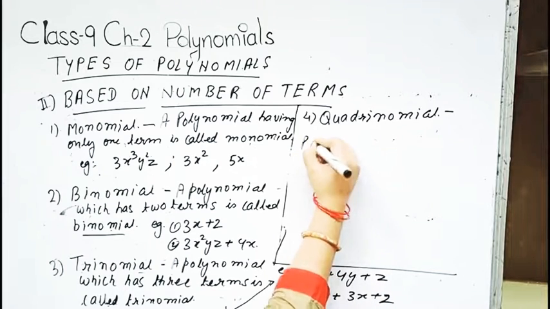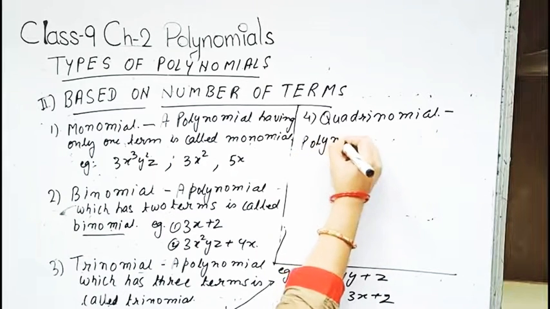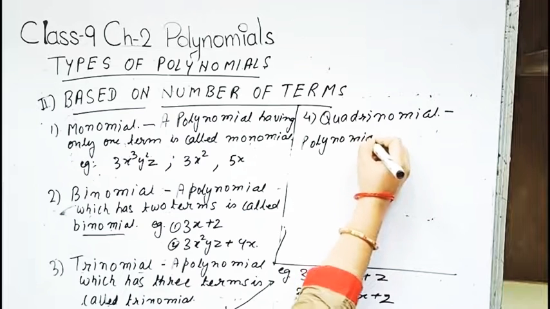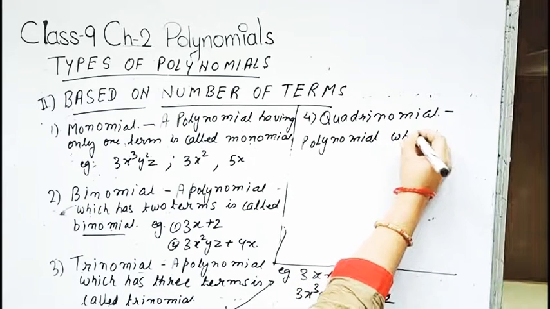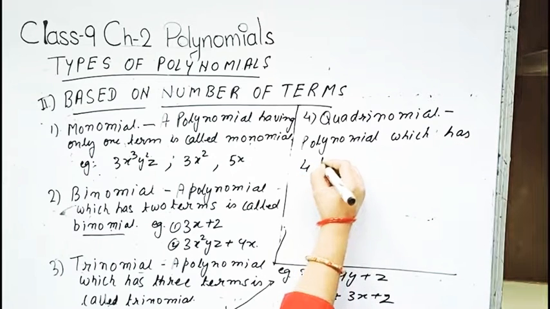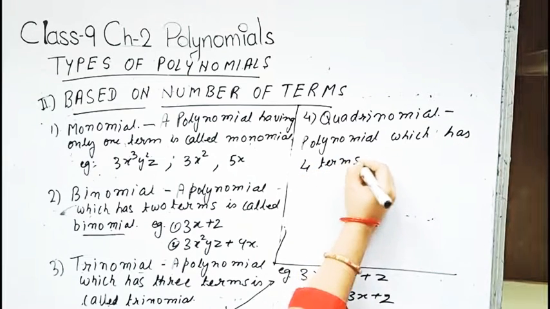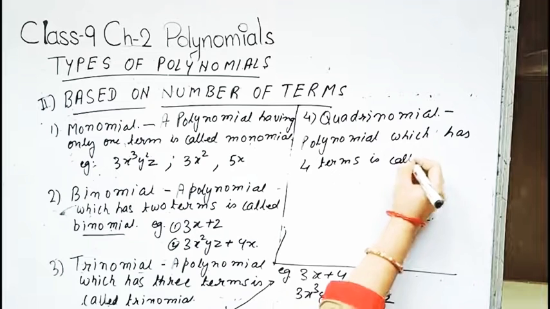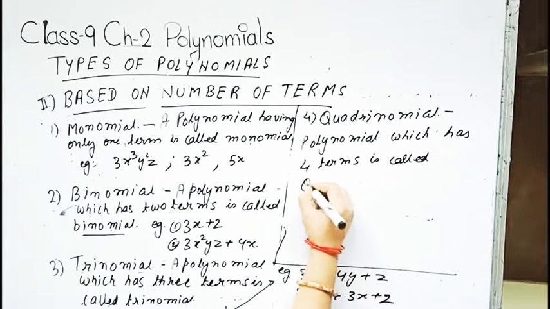Quadrinomial: a polynomial which has 4 terms is called a quadrinomial.